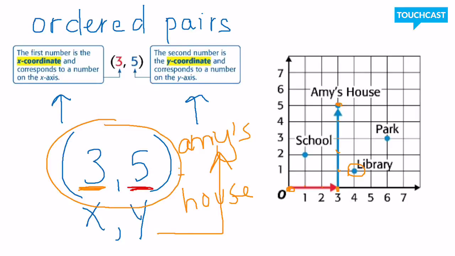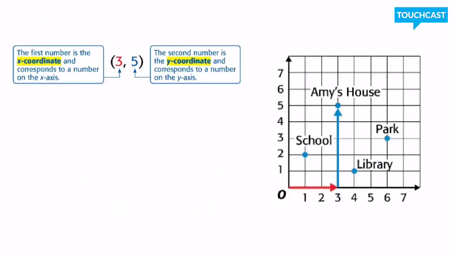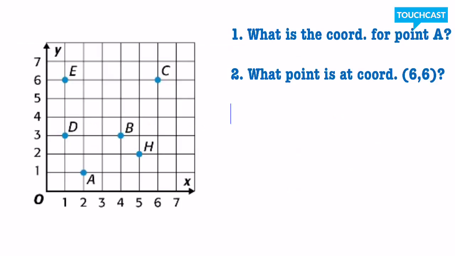The next question I'd like to ask is, what item on the map is listed at point 6, 3? Remember, x-coordinate first, then y-coordinate. Take a moment and you'll answer that in just a sec.